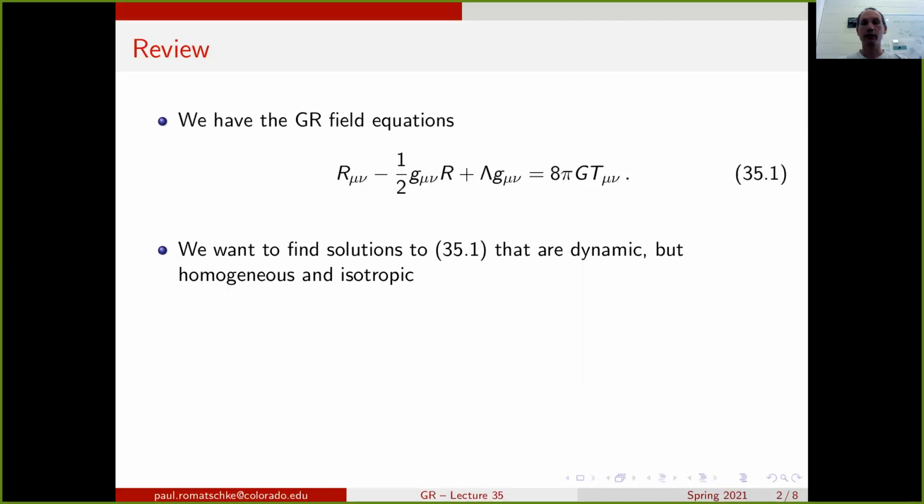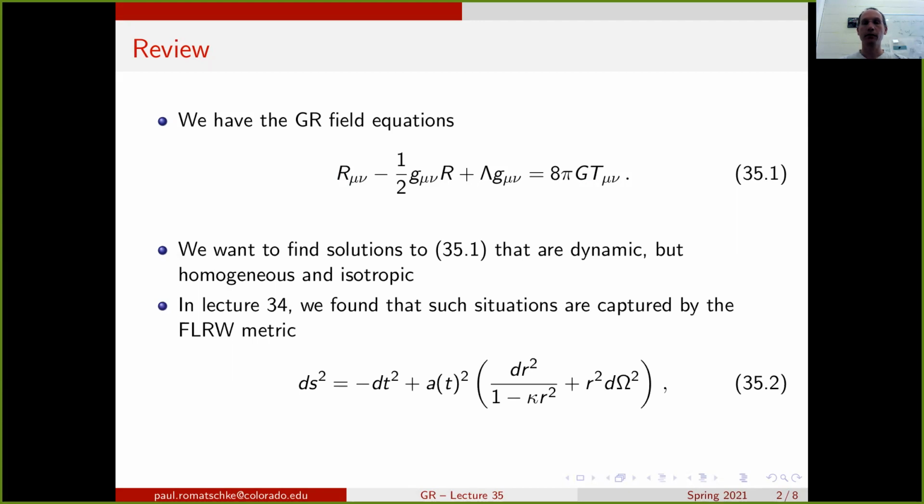We want to find solutions to these equations that are dynamic, but to simplify the problem, we make some additional assumptions, namely that we want to study solutions which are homogeneous and isotropic. We found that these two conditions can be captured by a particular metric ansatz, given by the FLRW metric that is reproduced in equation 35.2 here.